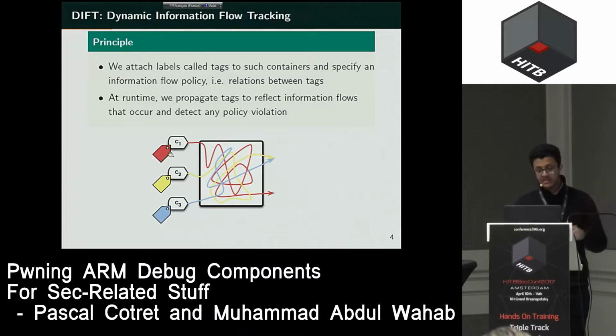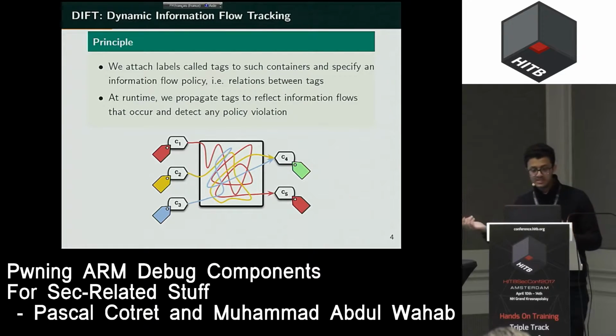C1, C2 and C3 are the inputs. We attach some colors to them, and when the program gets executed, we propagate these tags. At the end of execution, we have 2 outputs, C4 and C5. C5 is tagged red because it contains information that comes from C1. C4 is tagged green because it contains information flows that come from C2 and C3, which were tagged yellow and blue. So this is how we get the green tag.